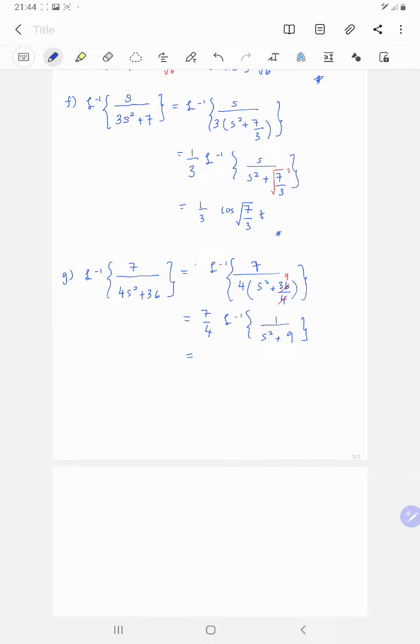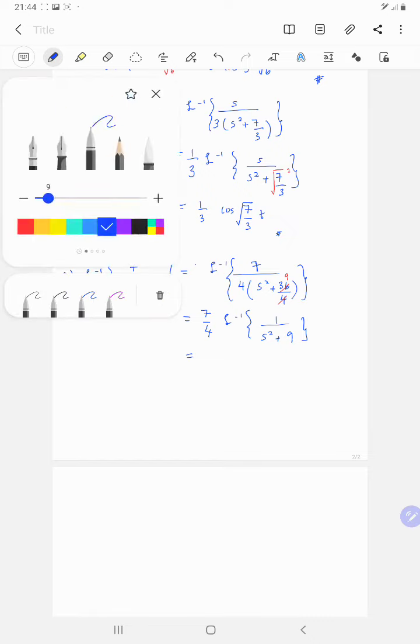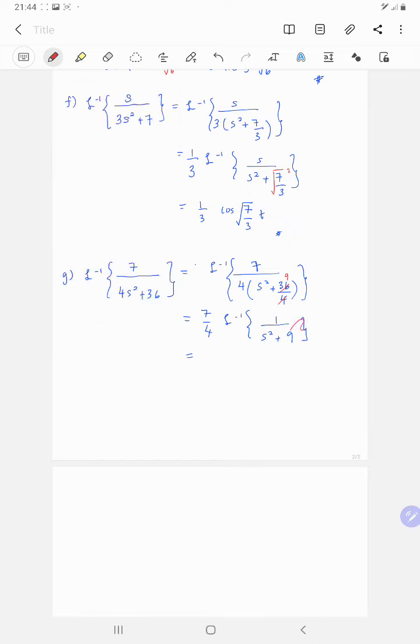9 is actually square root 9 multiplied by square root 9. Okay, in order to get sine square root 9, the upper must also have square root 9.